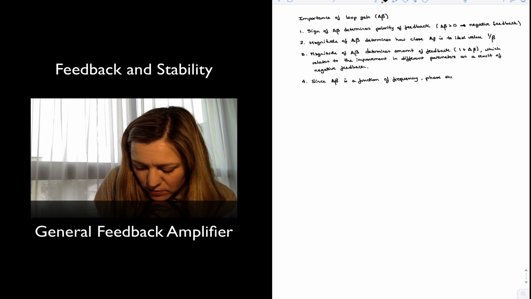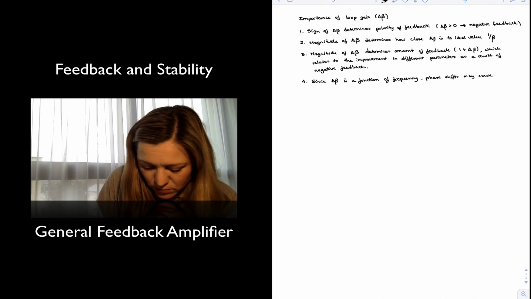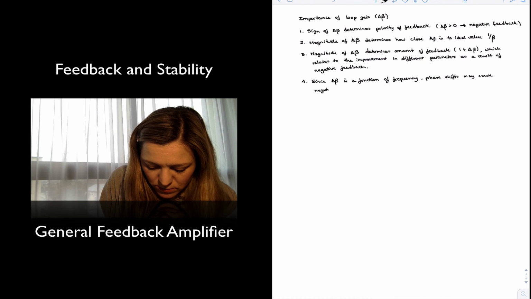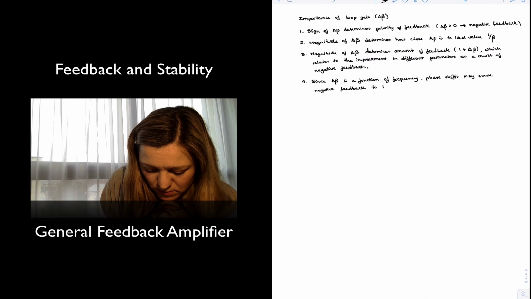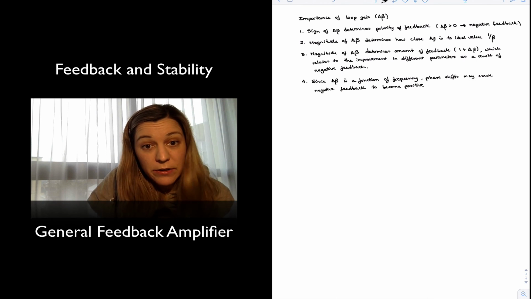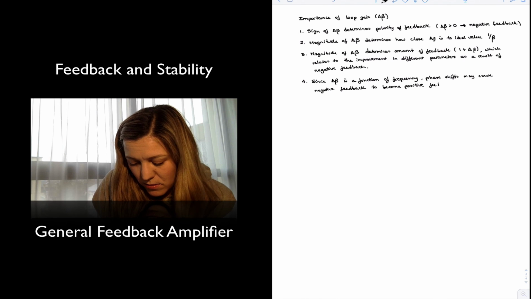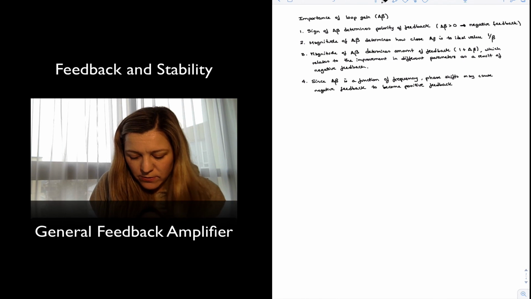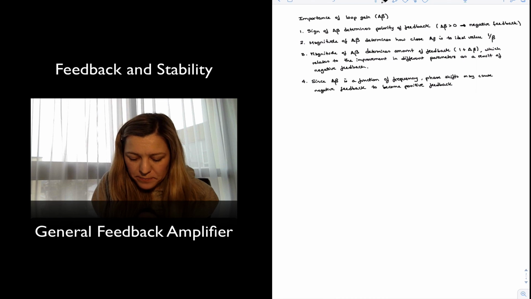Phase shifts may cause negative feedback to become positive feedback, basically a change in polarity of that loop gain.